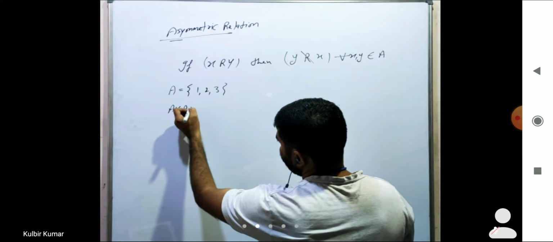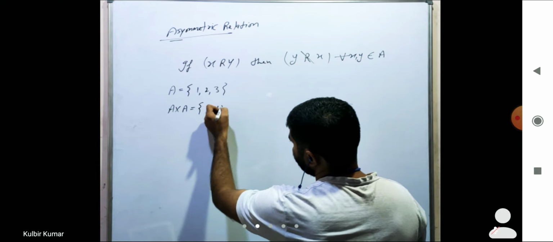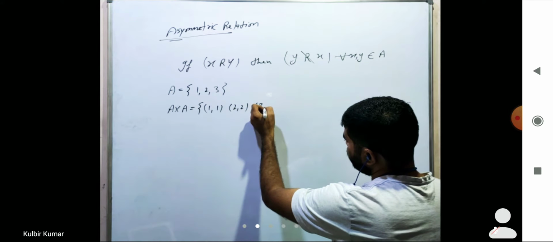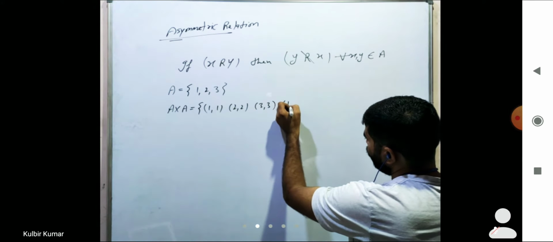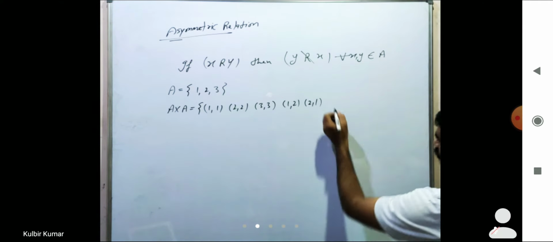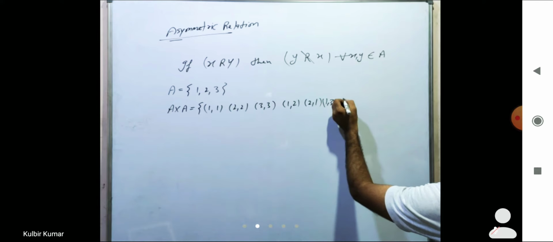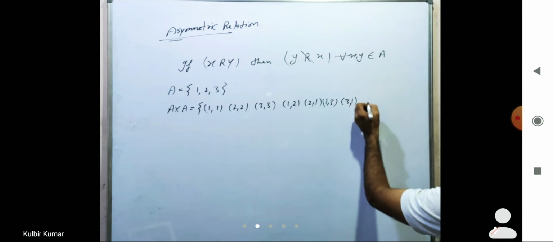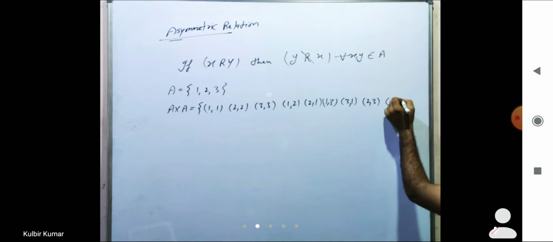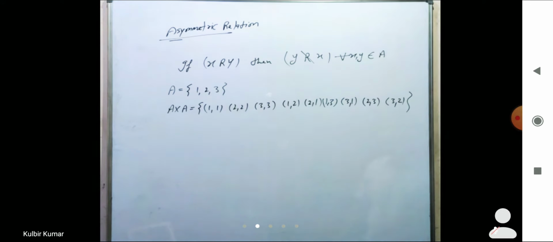A cross A means it is (1,1), (2,2), (3,3), (1,2), (2,1), (1,3), (3,1), (2,3), (3,2). This is A cross A.